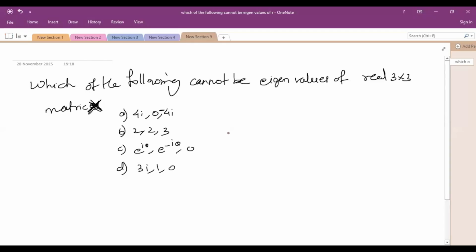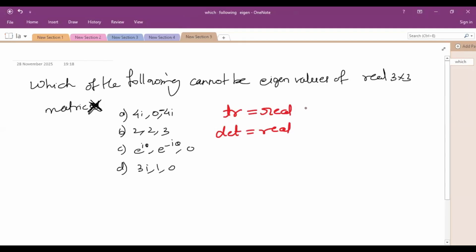And if the roots of the characteristic polynomial are complex, then they should occur as a conjugate pair, because for getting the real coefficients of the equation, they must occur in conjugate pairs. Otherwise, it would not work. Yes, so as you said, the coefficients should be real. Moreover, the trace of the matrix should also be real, and the determinant also should be real.